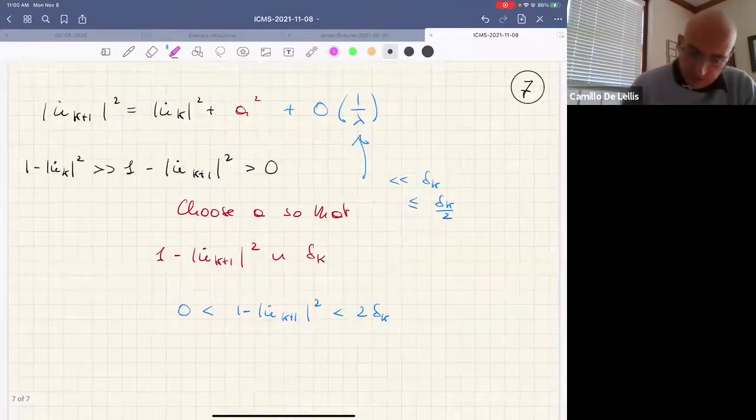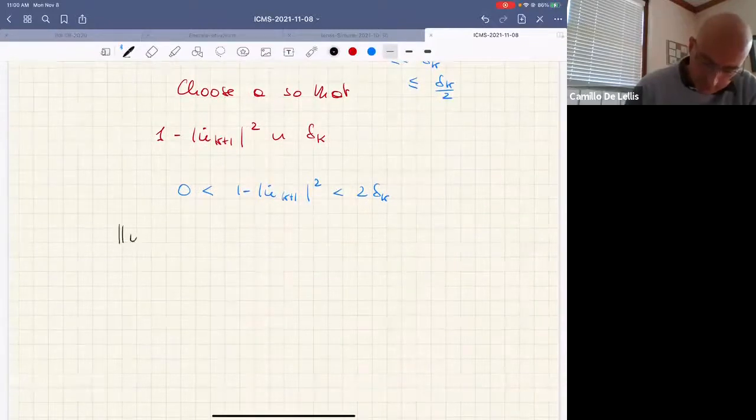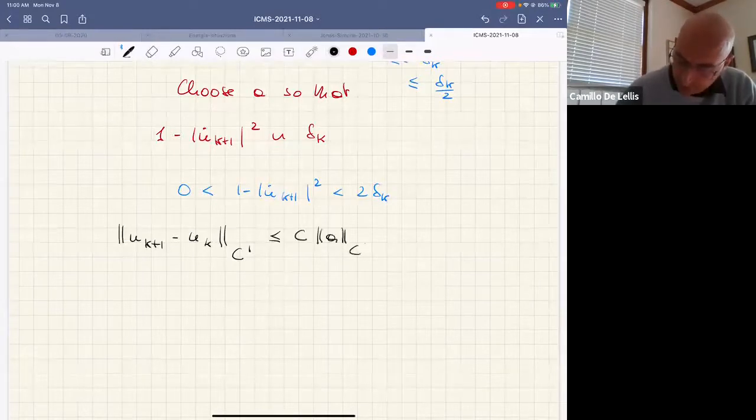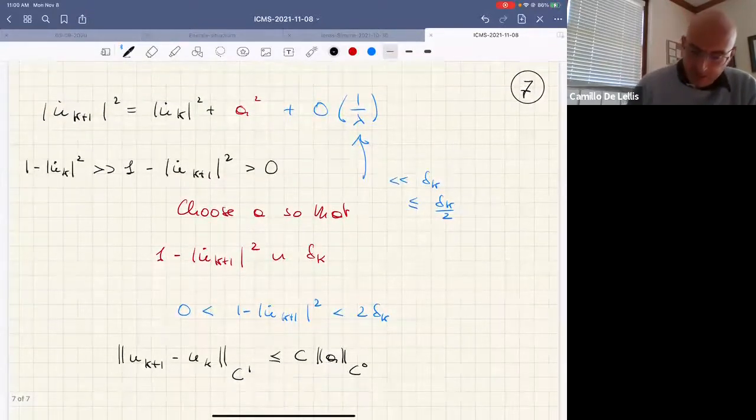Okay, so roughly, you also know that the C1 norm of u_{k+1} minus u_k is roughly a constant times the C0 norm of this factor A that you wanted to add. But how can you understand how big this is?